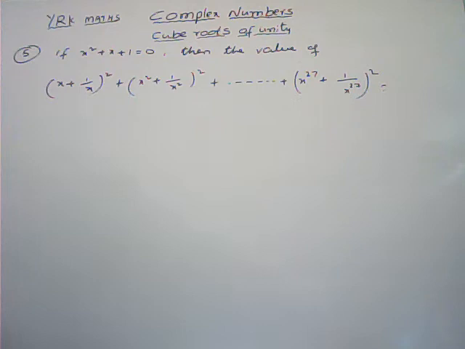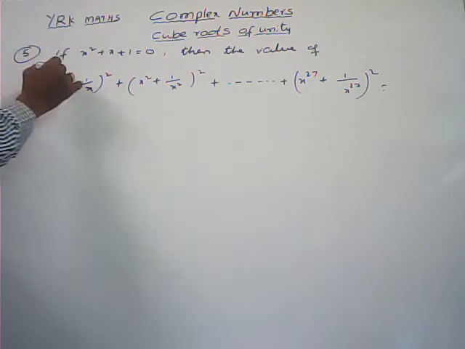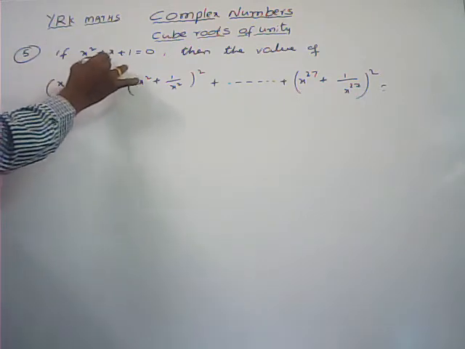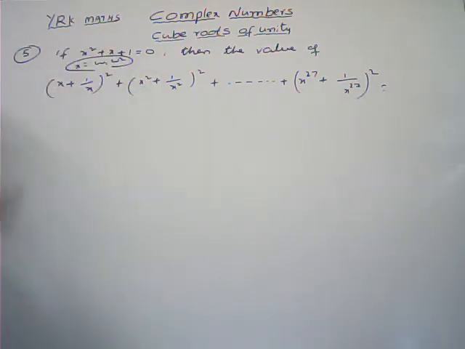Here x square plus x plus 1 equals 0, then find the value of this expression. By solving this one we can get x equals omega and omega square. Those are the roots of the given equation x square plus x plus 1 equals 0, which we also discussed in the starting. Now replace x by either omega or omega square; for both the values we can get the same result only.